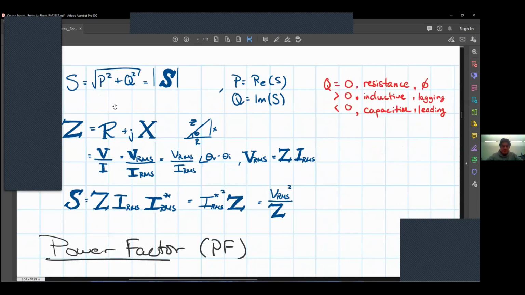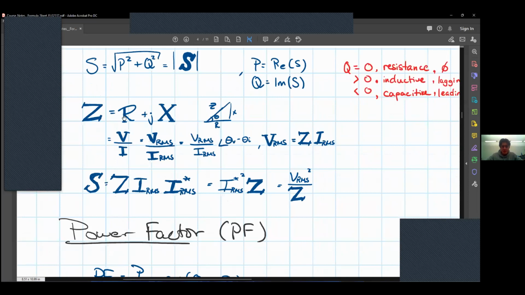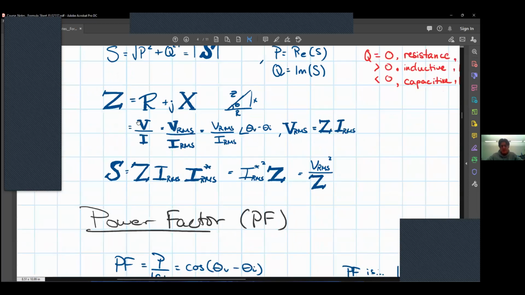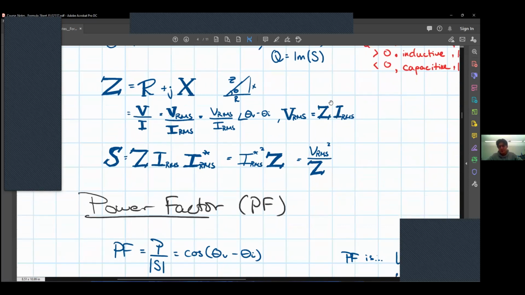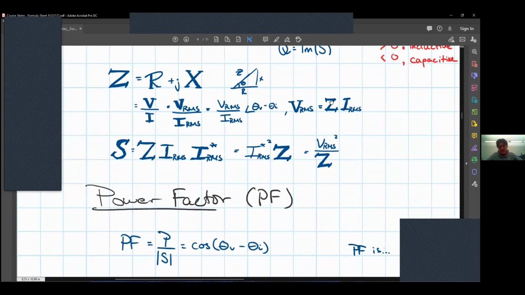So we can also get the full impedance of the circuit as simply the division of the voltage and the current, or of the RMS voltage and the RMS current, or the magnitudes of the RMSs with the phase shift of both. And you get your nice little Ohm's law, voltage equals resistance times current, except in this case it's impedance times current, in this scenario where you have a phasor sinusoidal circuit.